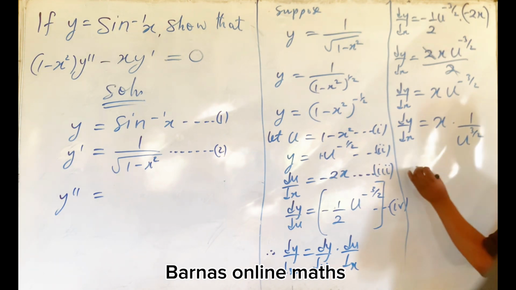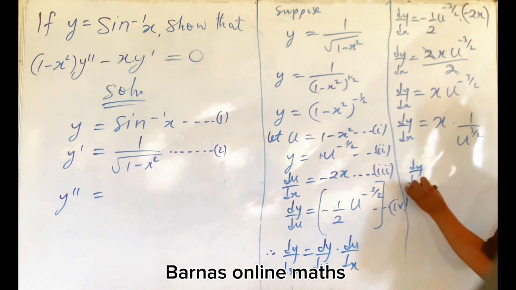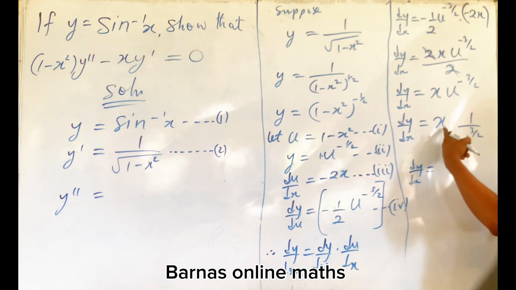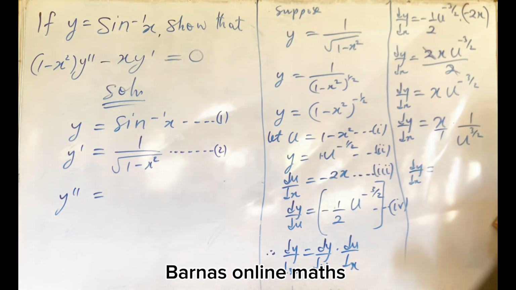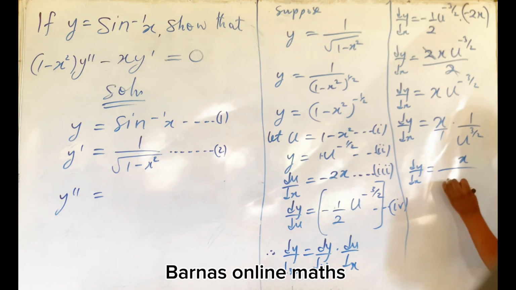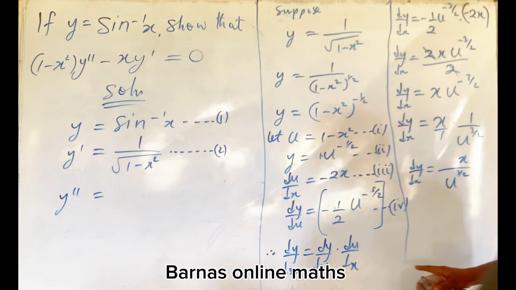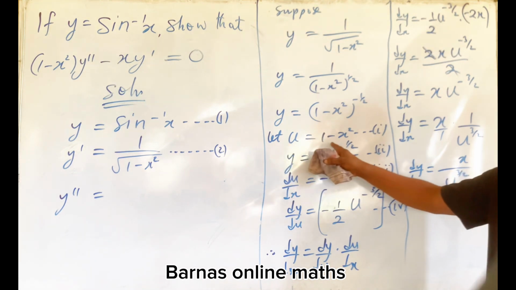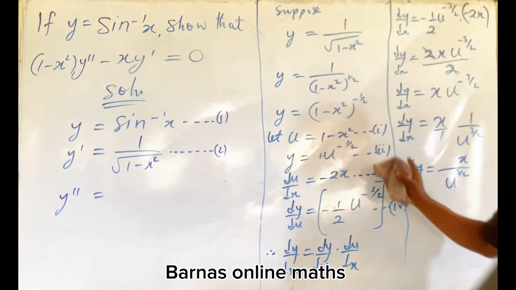So we are going to have that dy dx will be equal to, of course this is over 1, x times 1 will give us x, all upon 1 times u to power 3 over 2, which will give us u to power 3 over 2. What is our u? Remember we said let u be equal to 1 minus x squared. So we're going to substitute.